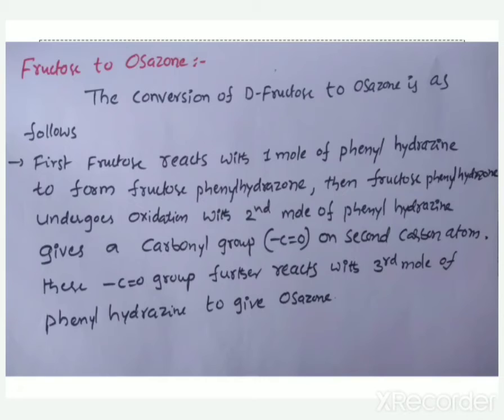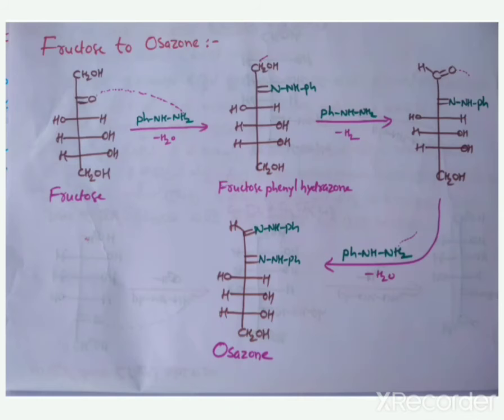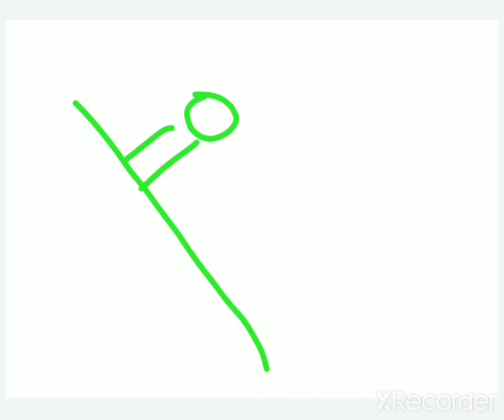Now the chemical equations are illustrated as follows. This is the chemical equation, fructose to osazone. We have fructose. So now I explain clearly. On second carbon, C double bond O group is present in the fructose structure.